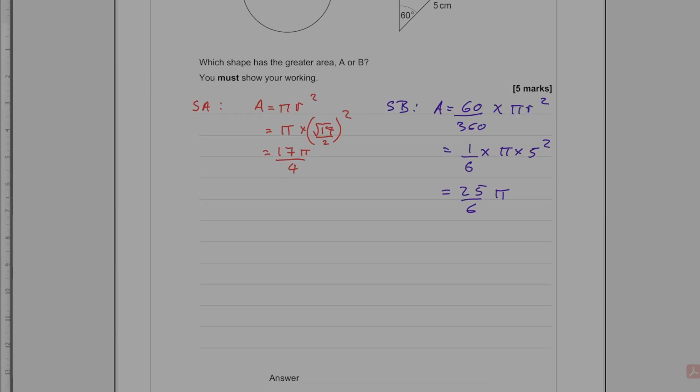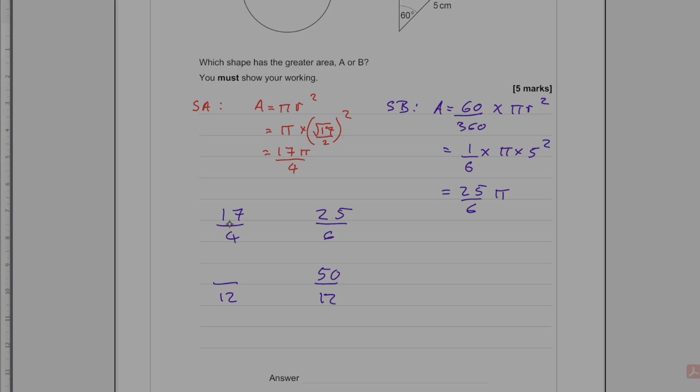Right, so we want to compare 17 over 4 to 25 over 6. The lowest common multiple of those both would be 12. To get this one to 12, I'm just doubling it. To get this one to 12, I'm timesing by 3.